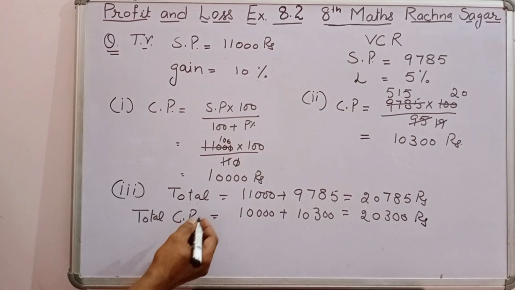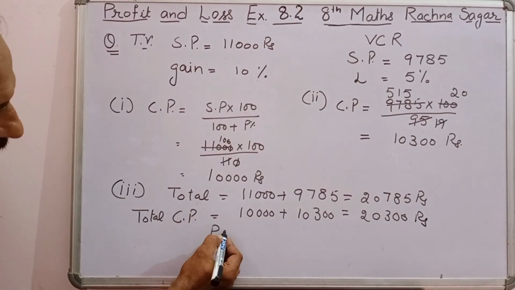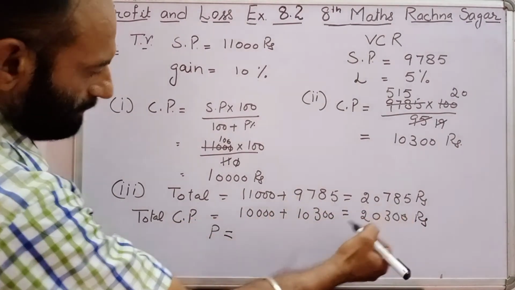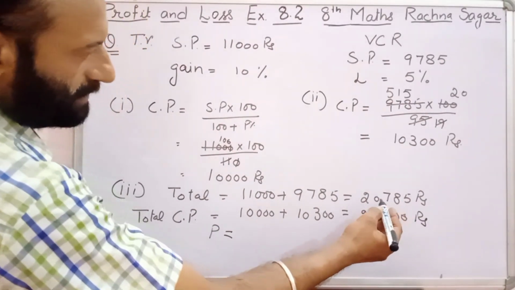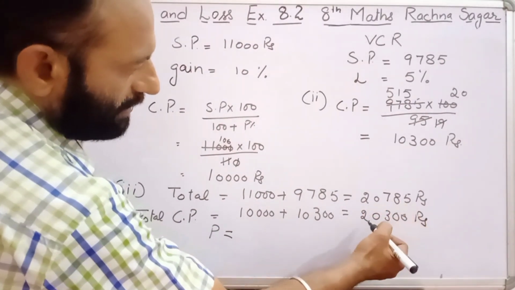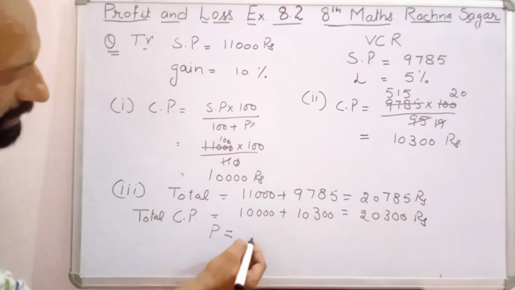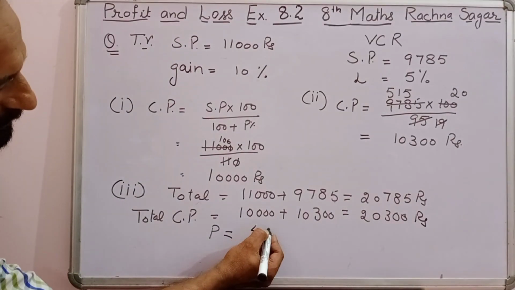So net there is a profit of total SP minus total CP. It is equal to 20,785 minus 20,300, 485 rupees.